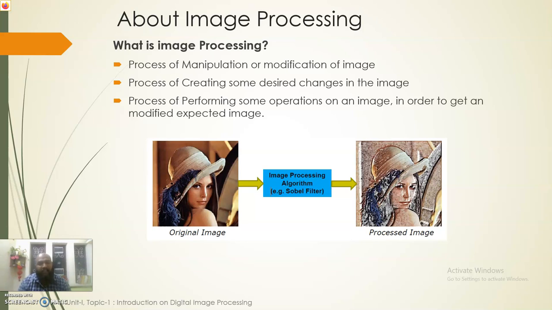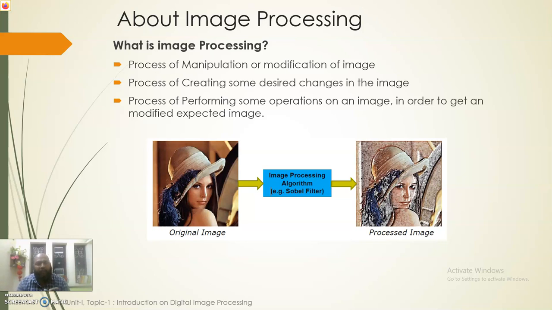Additionally, we can define it as the process of performing some operations on an image in order to get a modified, expected image. That too we will say is image processing.